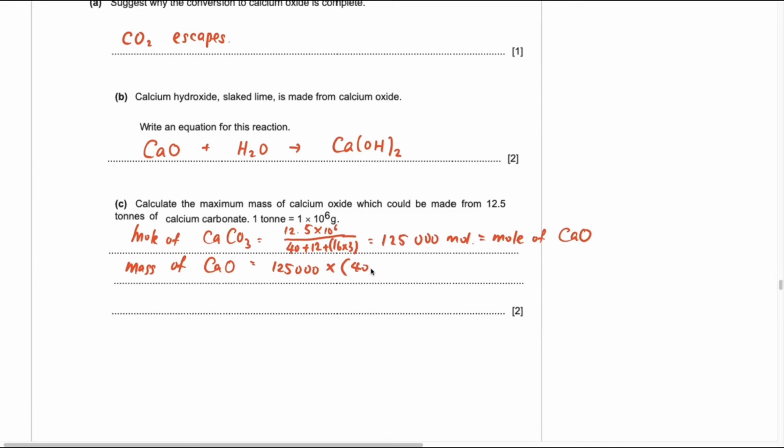We know calcium is 40, oxygen is 16. So then we just take that big value, multiply with 56. Then we will get 700,000 gram, which is 7 times 10 to the power of 6 gram, which is 7 ton.